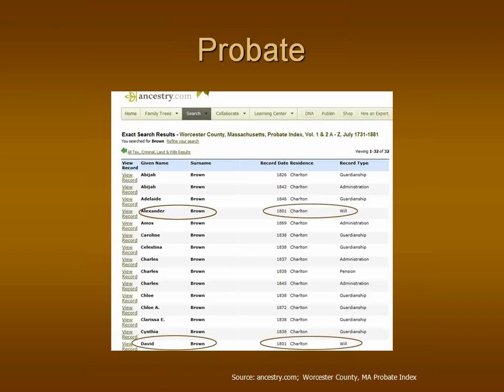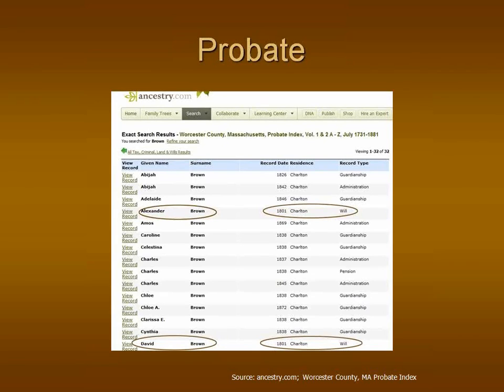So the next thing I did was, again, I did another index search on ancestry.com looking at probate records. Now this time what I'm trying to do is establish if there's possibly parents for Nathan Brown that I could find wills for that could establish his father-son relationship.